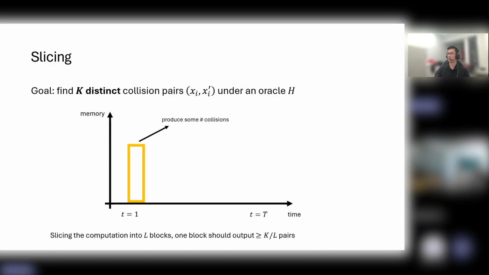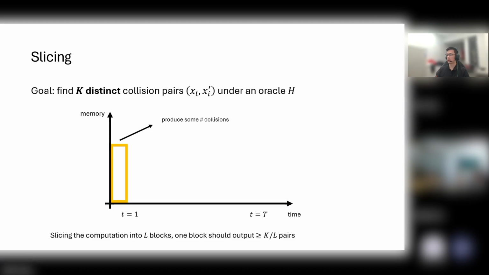Like here we have a different part of the algorithm, and each part of the algorithm will output some collision pairs. So you can imagine there's a write-only tape on the side, and each part of the algorithm prints some collisions to that tape. So let's say that there are L slices.